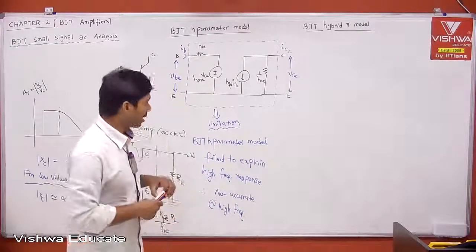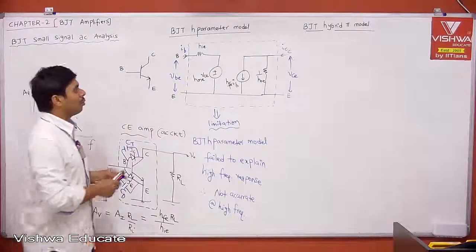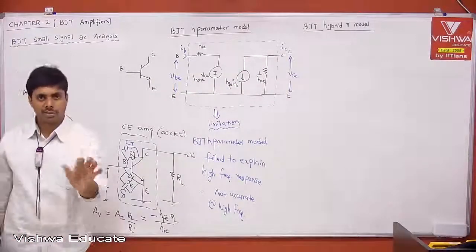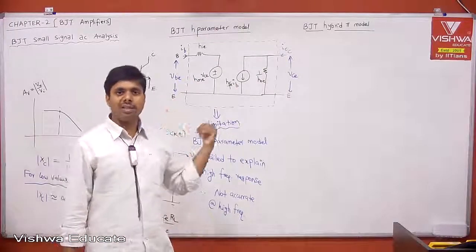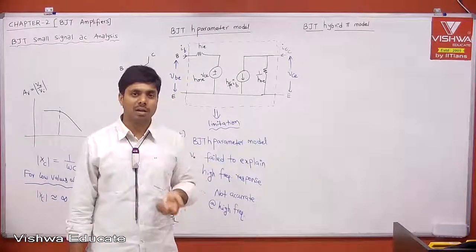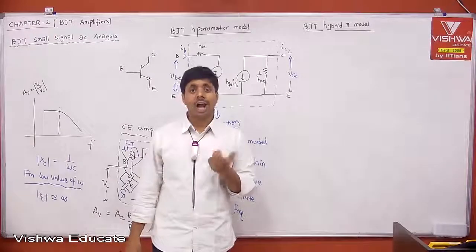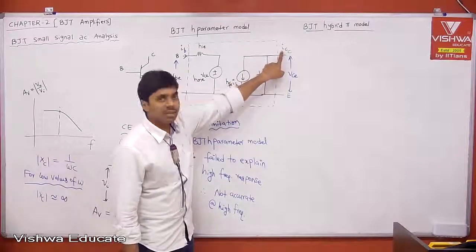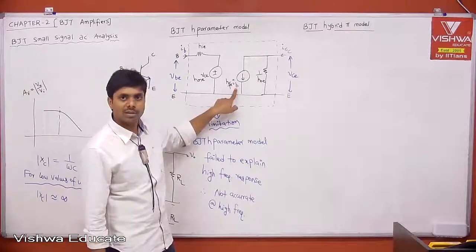But remember, can't I call your BJT also a voltage controlled current source? Yes, people already named it a current controlled current source. But can't I model your BJT as a voltage controlled current source? How? Let me explain. Your output current IC is controlled by IB.